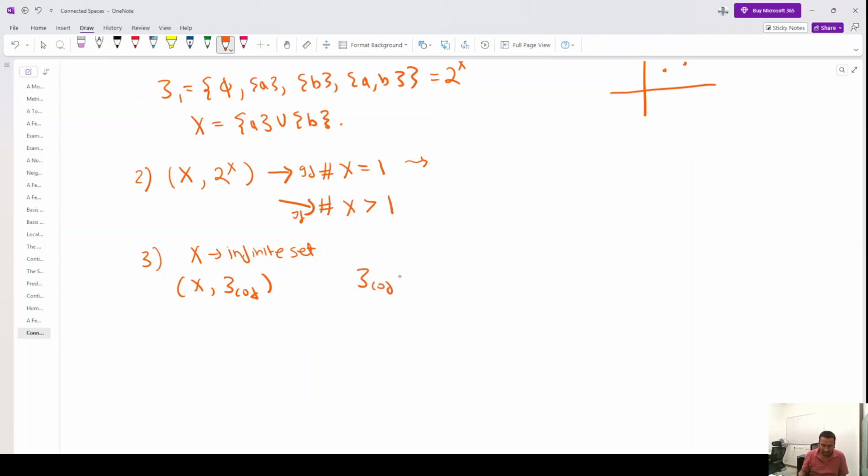So recall, this is the empty set along with all sets U such that the cardinality of X minus U is finite. So the complement is finite, that's why co-finite.